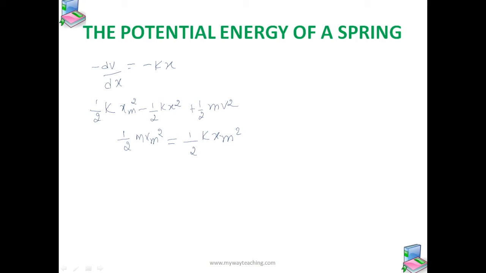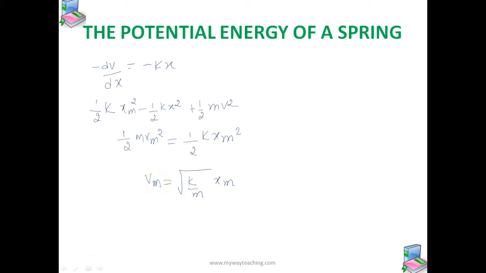Where vm is the maximum speed, that is given by the square root of k by m into xm.